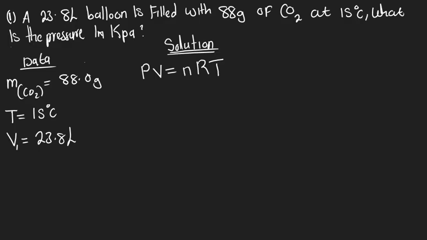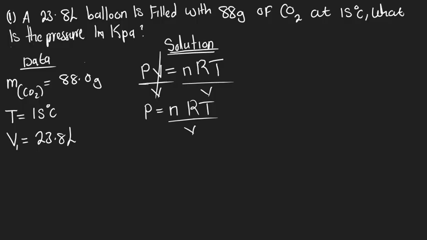Whenever you are dealing with this topic, this topic is simple. If you collect the data and you know the formulas, what they want you to calculate is just the pressure. So you can divide over V, cancel out, and remain with P equal to nRT over V.